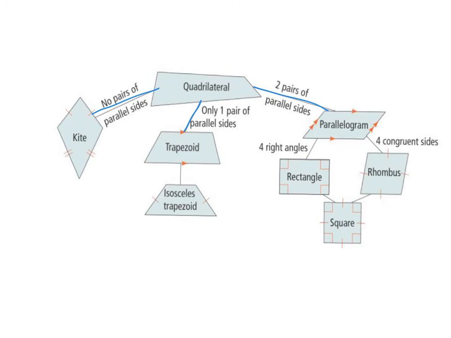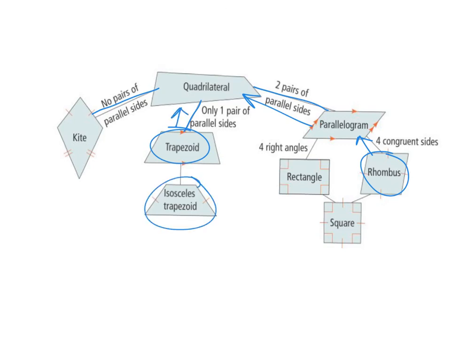The way you can think of this is everything at the bottom is everything above it. So if I go to a square, for instance, a square is a rectangle, a rhombus, a parallelogram, and a quadrilateral, right? If I go to a rhombus, it is a parallelogram and it is a quadrilateral. If I go to a trapezoid, it is a quadrilateral.